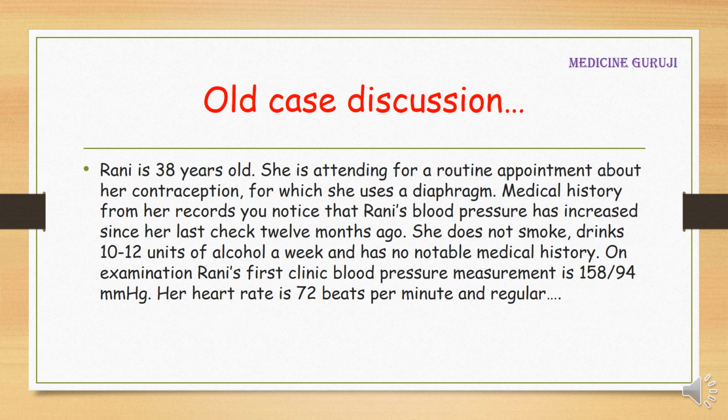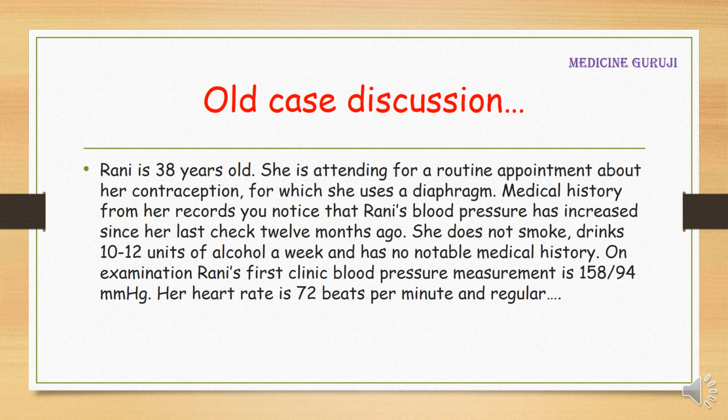Now, last case that we discussed, case 2. Rani is 38 years old. She is attending for a routine appointment about her contraception, for which she uses a diaphragm. From her records, you noted that Rani's blood pressure has increased since her last check 12 months ago.